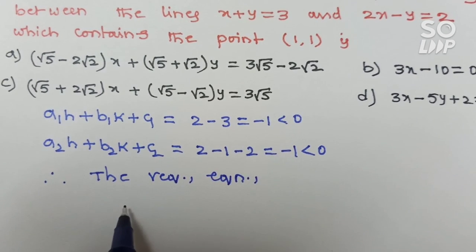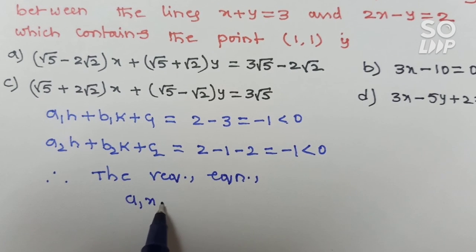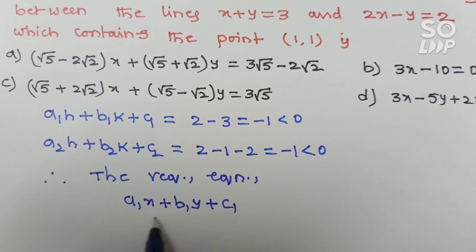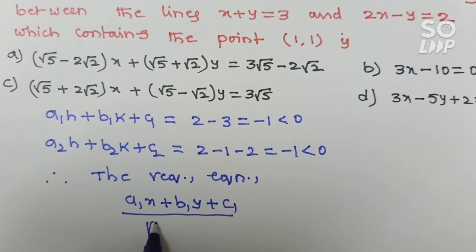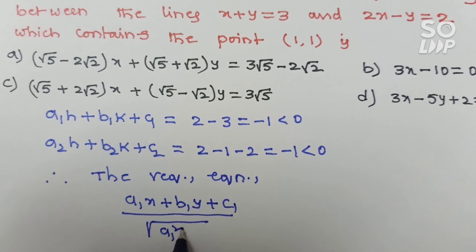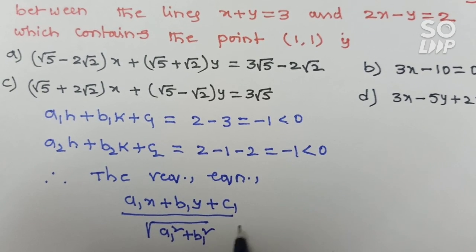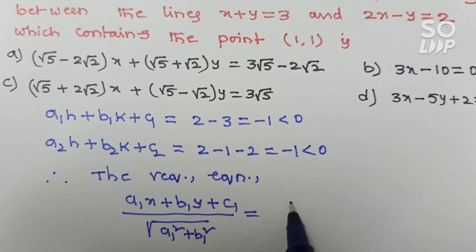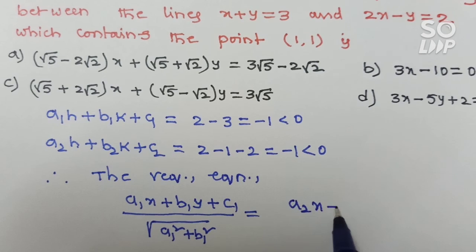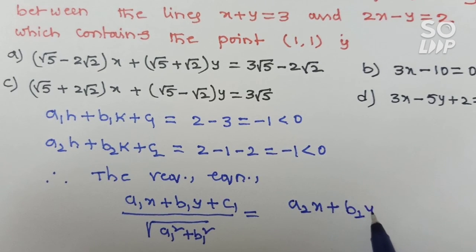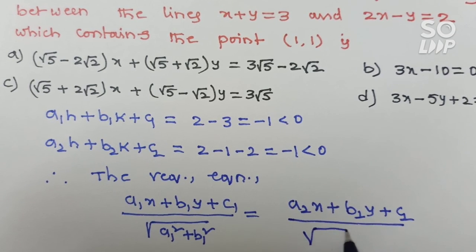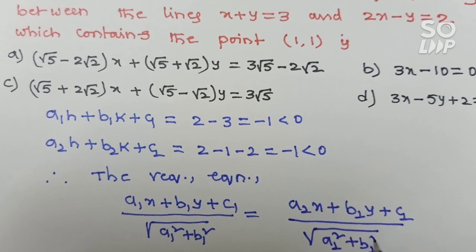That formula is (A1 x plus B1 y plus C1) whole divided by root of A1 square plus B1 square, equal to, when these two values have the same sign, you take the positive value, (A2 x plus B2 y plus C2) whole divided by under root of A2 square plus B2 square.